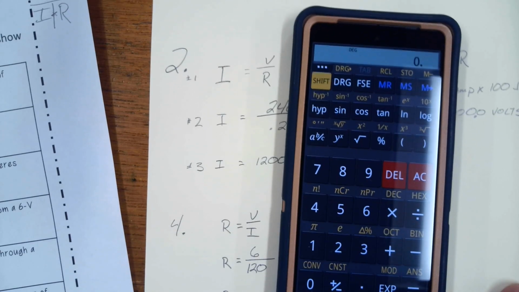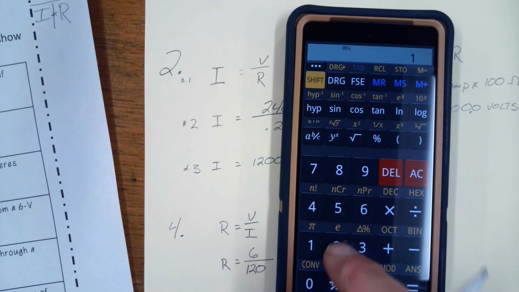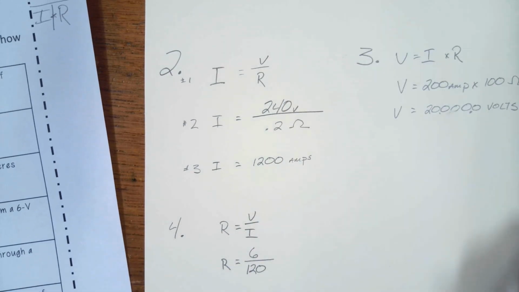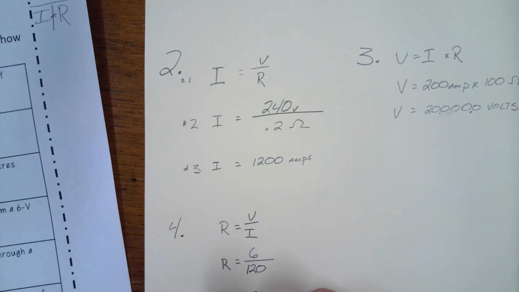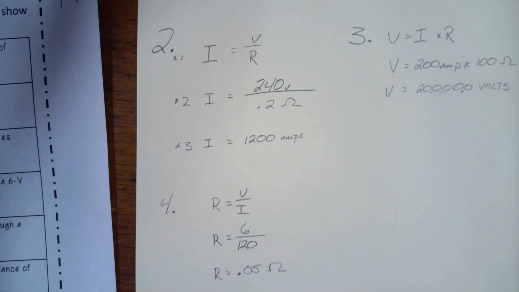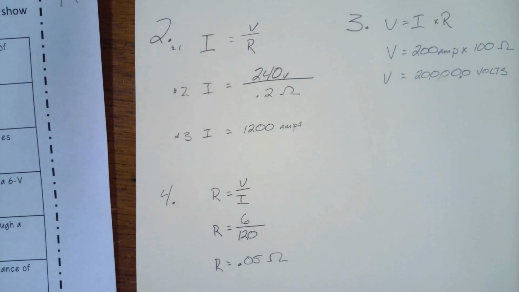Run my calculator. A very low resistance of 0.05 ohm. All right, from there, you can finish the next ones.